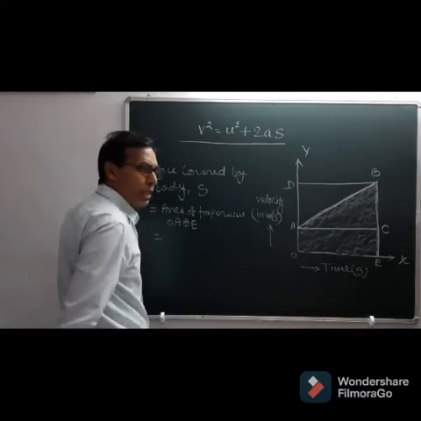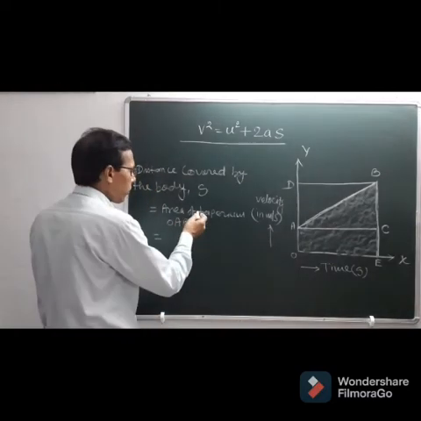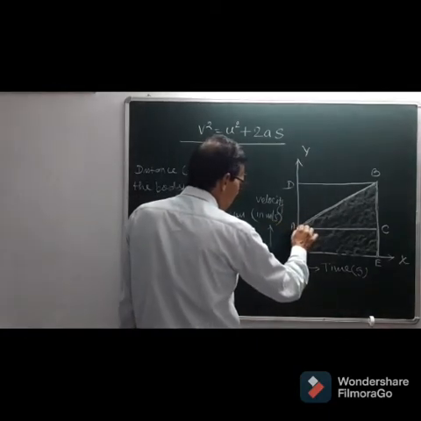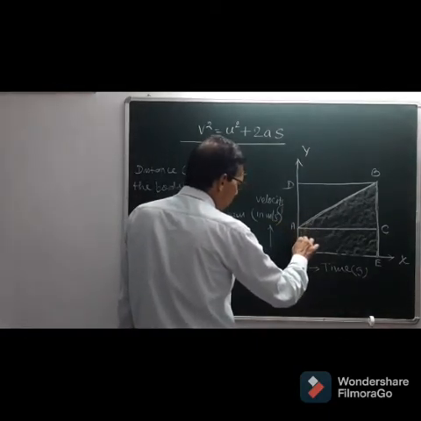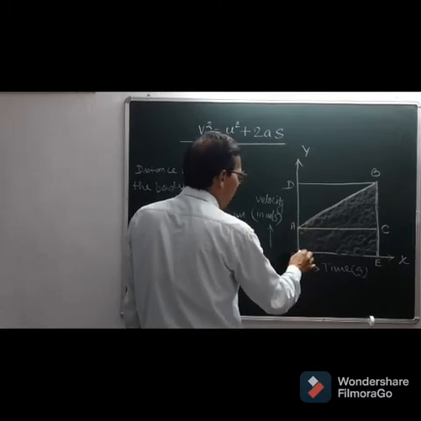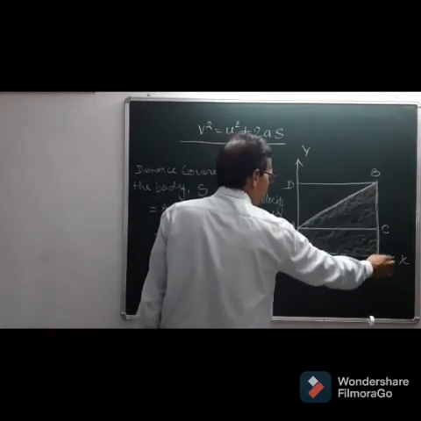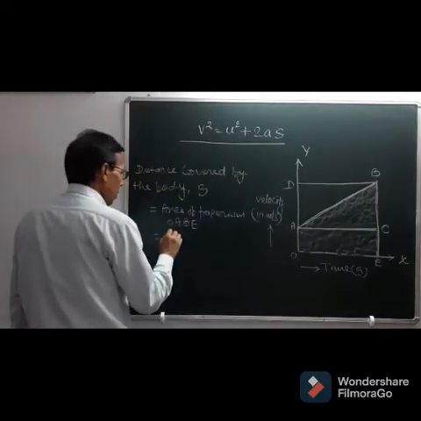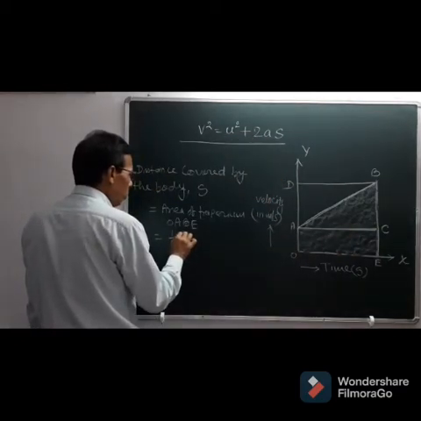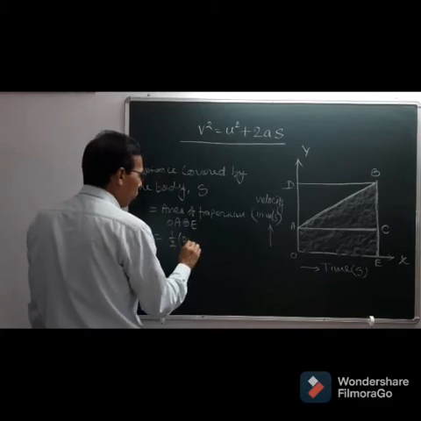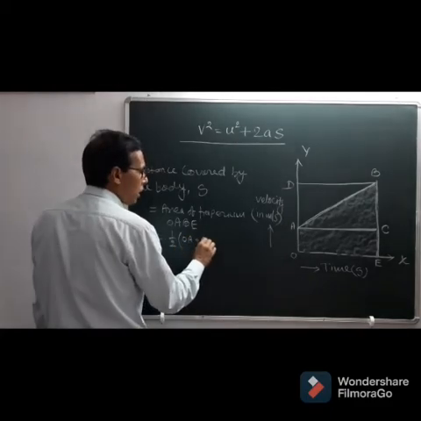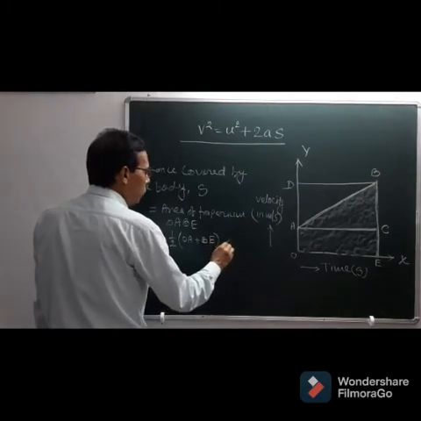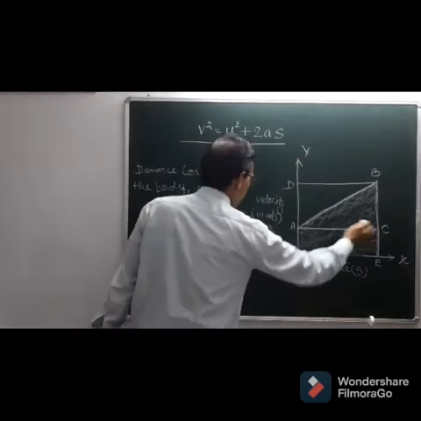And the area of the trapezium is half into the sum of parallel sides, the parallel sides OA and BE, and height AC. So half into the sum of parallel sides OA plus BE into height AC.